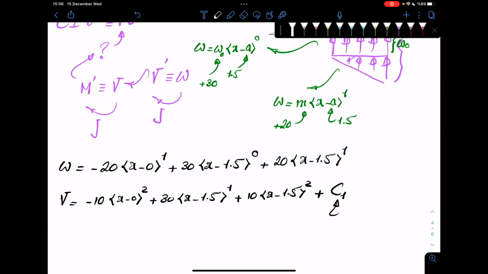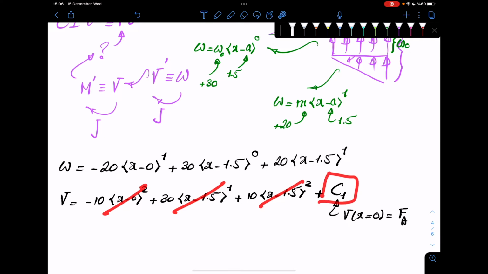And then your boundary condition would be that your shear force, let's say at x equals 0, is, I don't know, Fa, right? And then at x equals 0, these will all be 0, so this basically becomes your Fa.